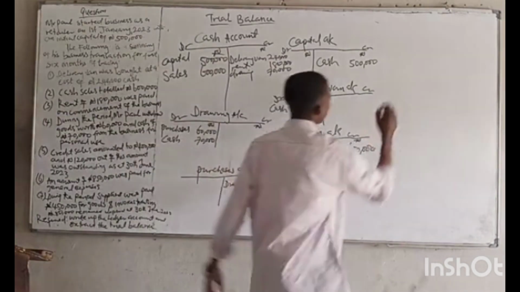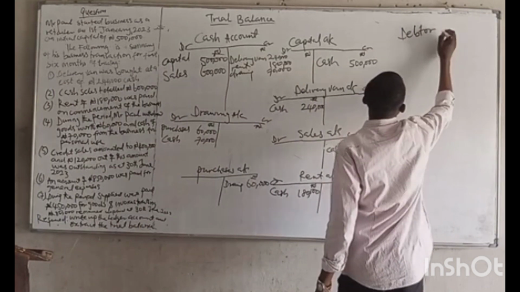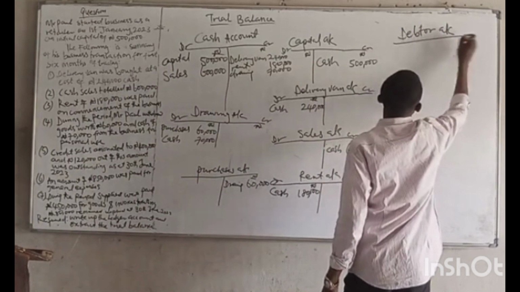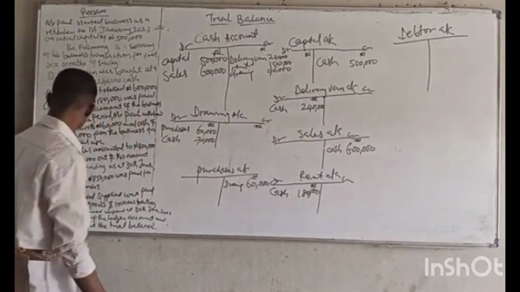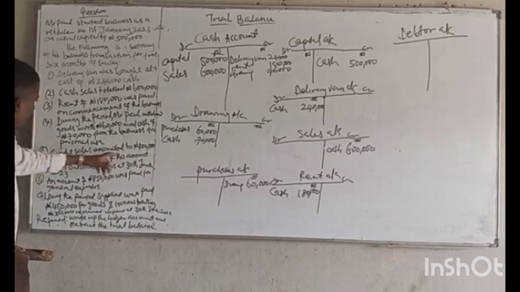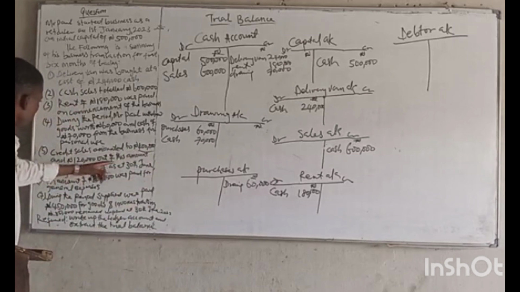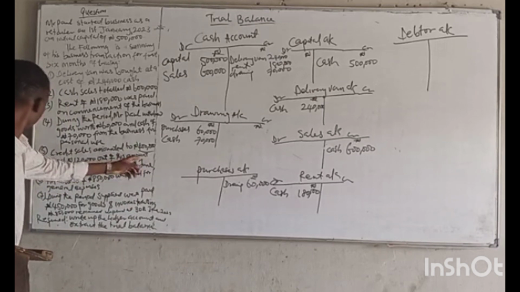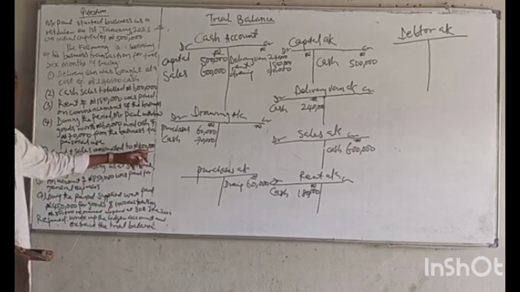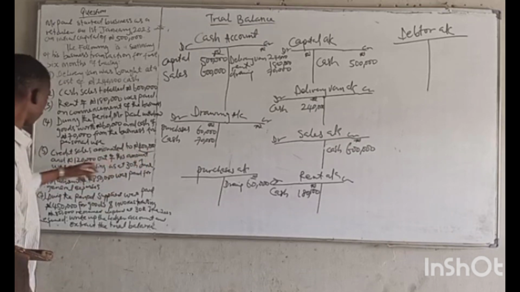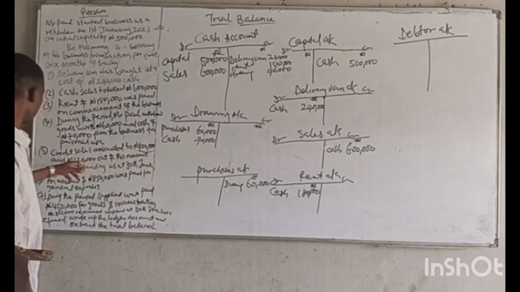So we have to open a debtors account. Since the question said a credit sale amounts to 400,000 and 120,000 of this amount was outstanding, it means that out of the credit sale of 400,000 naira, they have paid 280,000, and then the balance, which is 120,000.